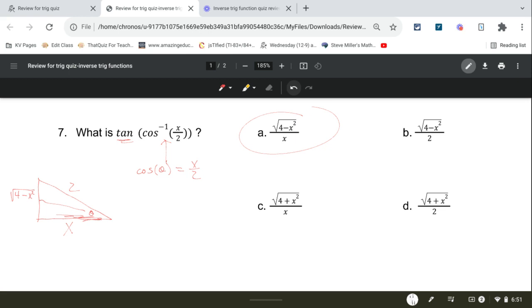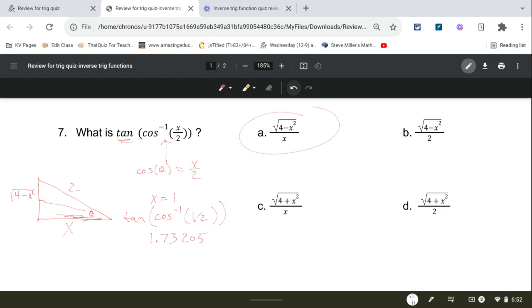There are only certain things that you can do cosine inverse of. So right here, I'm going to pretend that x is equal to 1 so that I can do cosine inverse of 1/2. I'm plugging in 1 for that x up there. If I take my calculator and do tangent of cosine inverse of 1/2, it's going to give me some decimal, 1.73205.